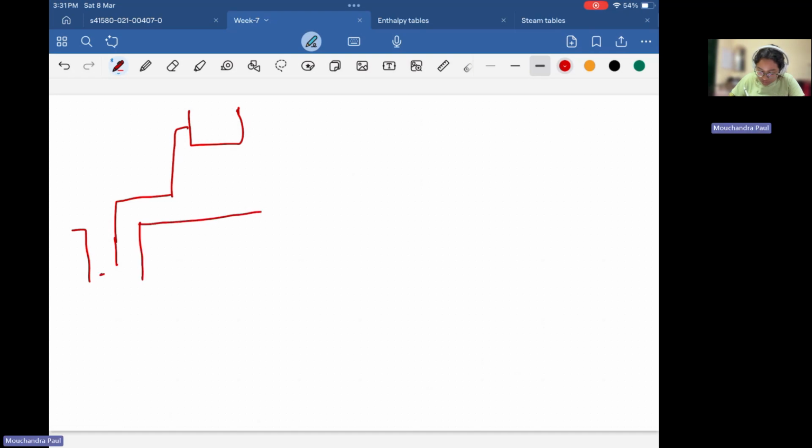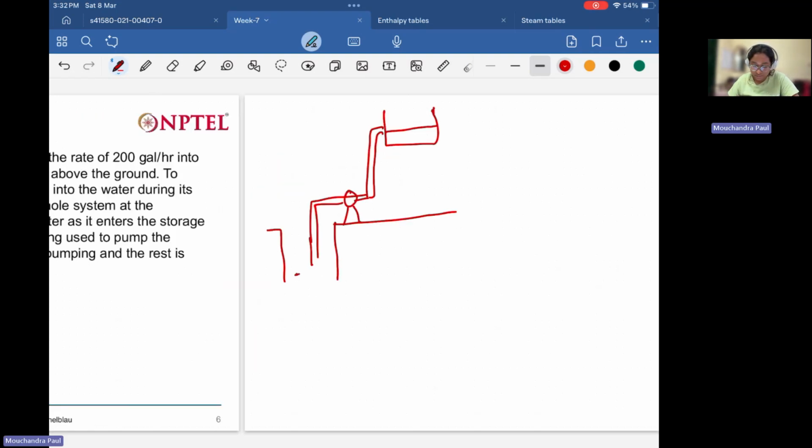This is your ground level. There is a pump that is pumping the water. This is your tank.